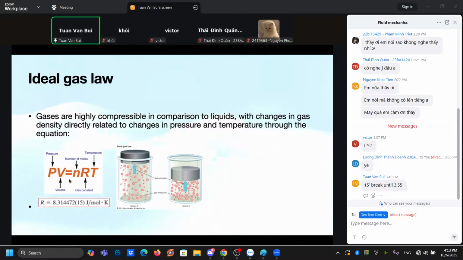Then V is the volume of the gas, n is the number of moles of gas, R is the universal gas constant, and T is the absolute temperature.